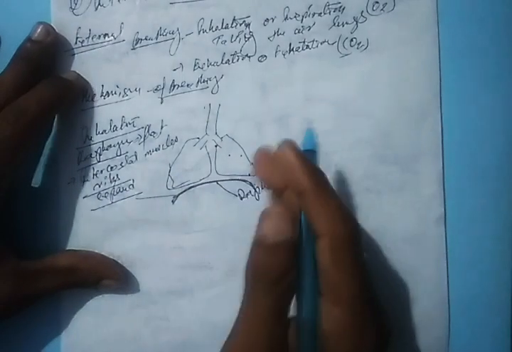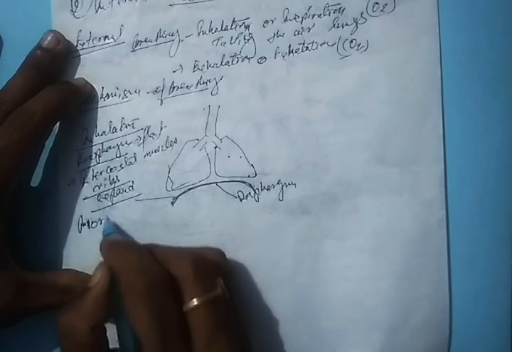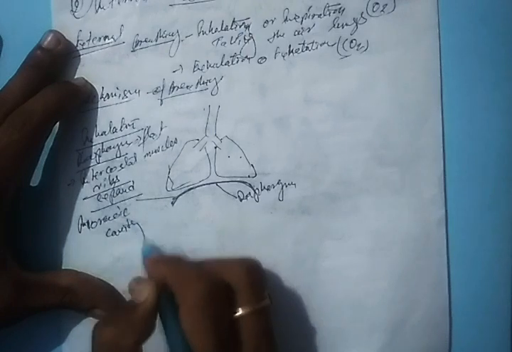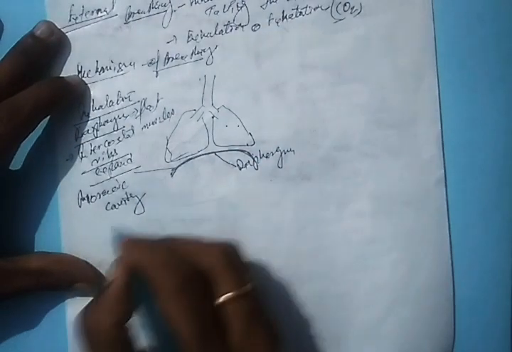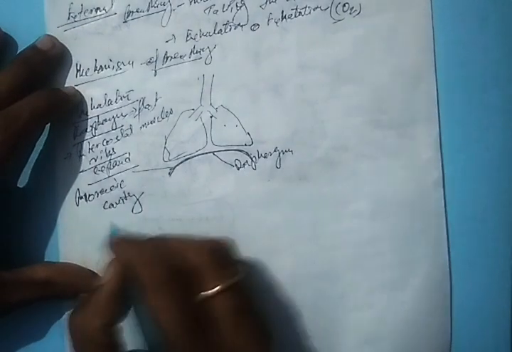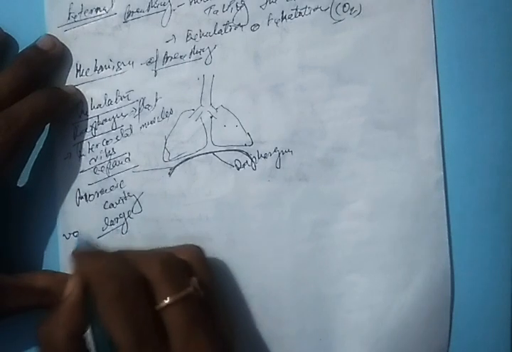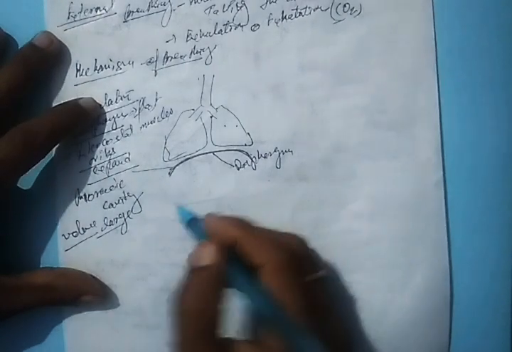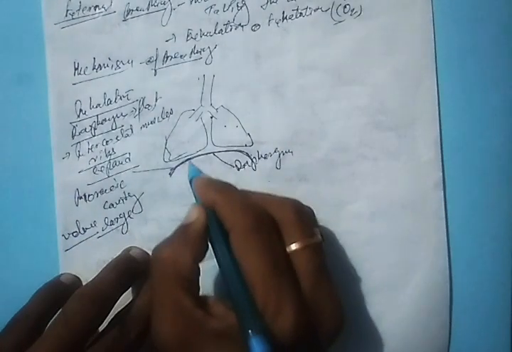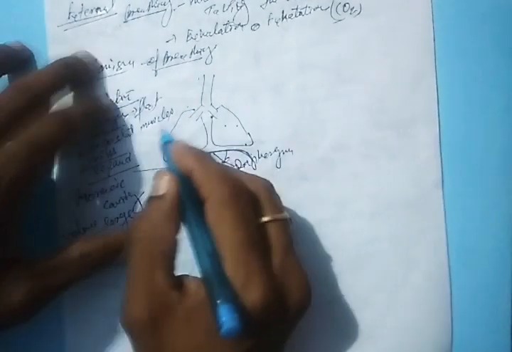That results in the thoracic cavity volume becoming large. Means diaphragm goes downside and intercostal muscles expand.